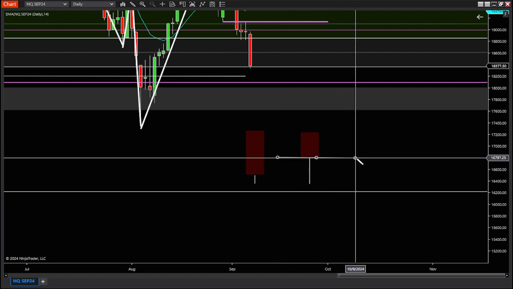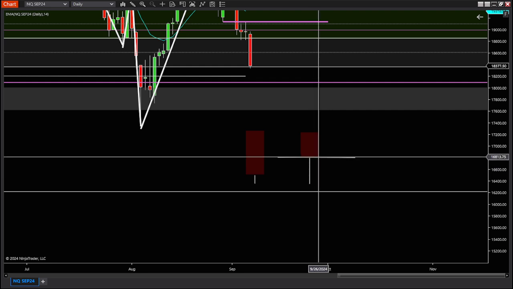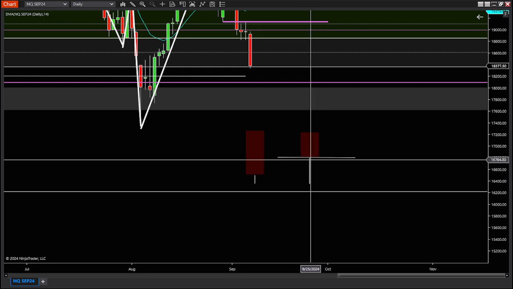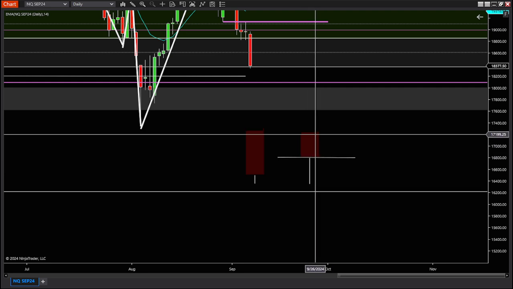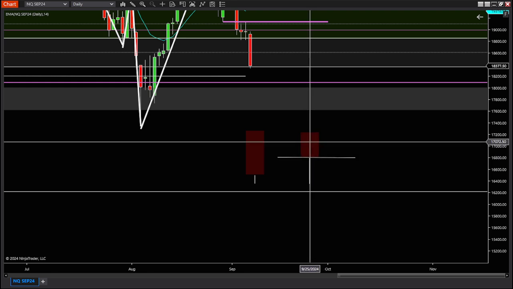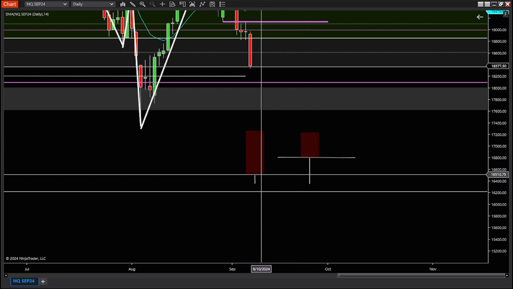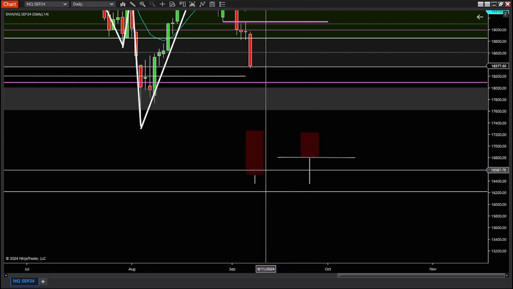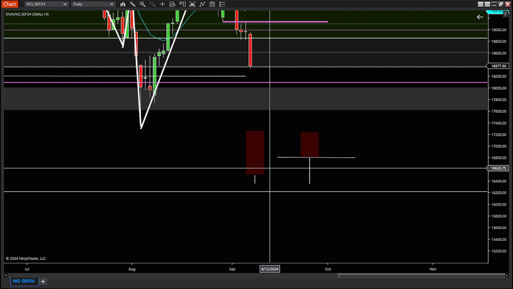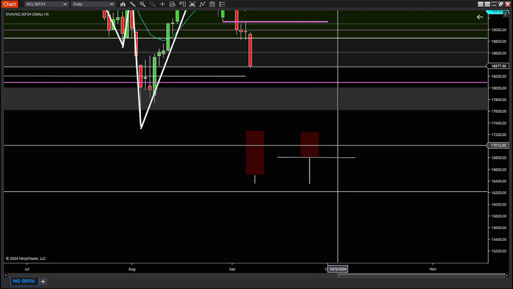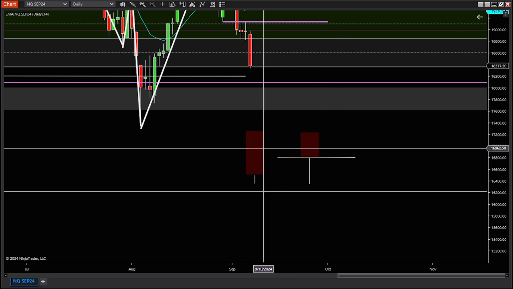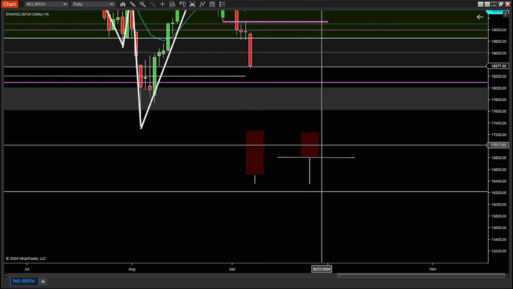This is 50% of the candle, so it wicked down and then we closed above 50%. I want to close as low as possible on that candle to confirm it being a strong candle. You're going to have to determine what a strong candle is. I look at this as a strong candle. I look at this as a weak candle.